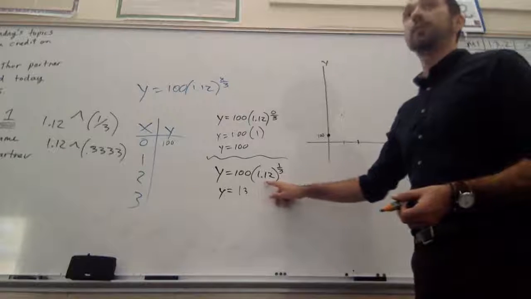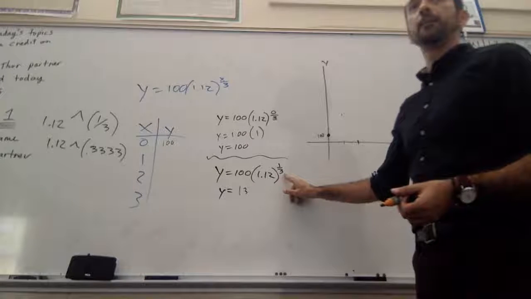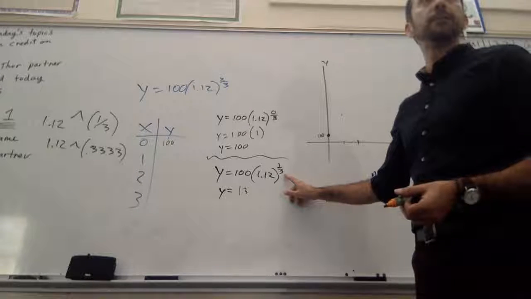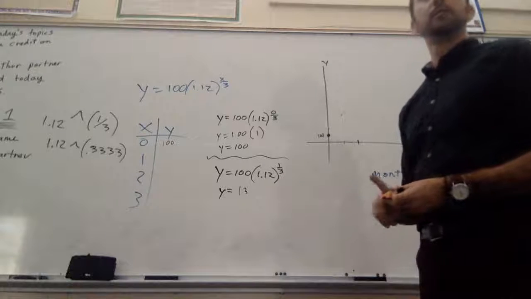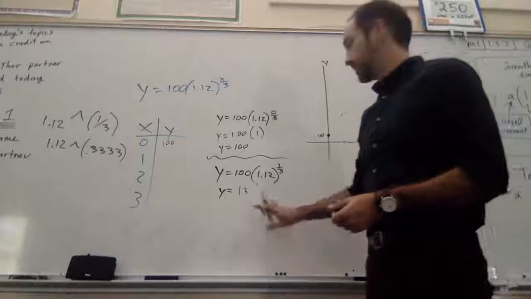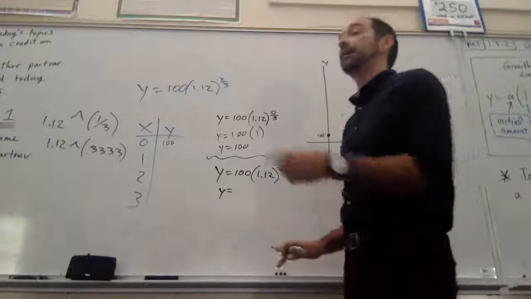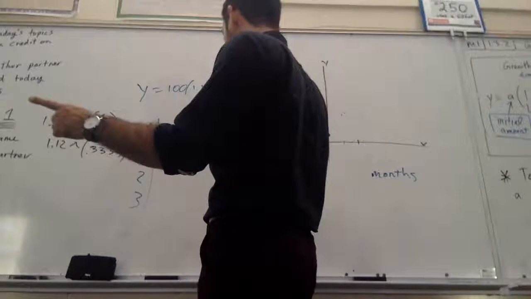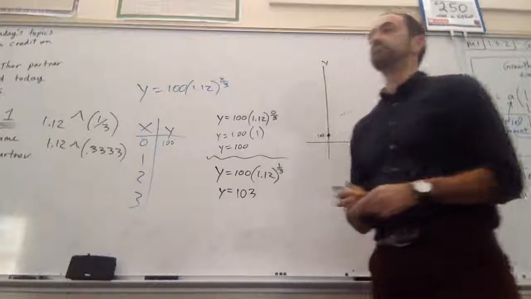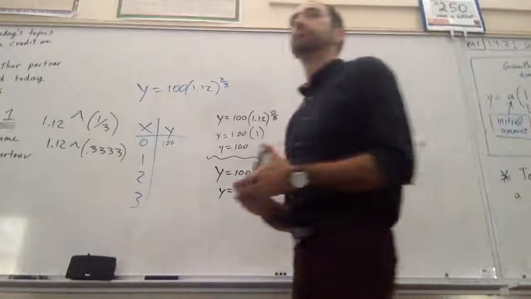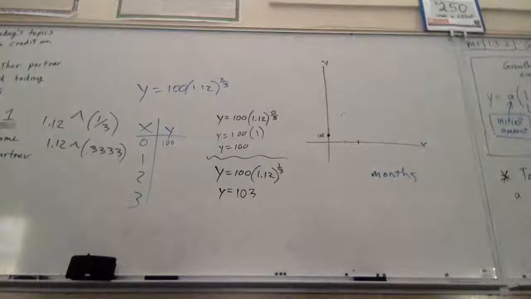So 1.12 raised to the third was like 1.0 something, right? And then times that by 100. You got 100 and what? I got 103. So you did the exponent first.